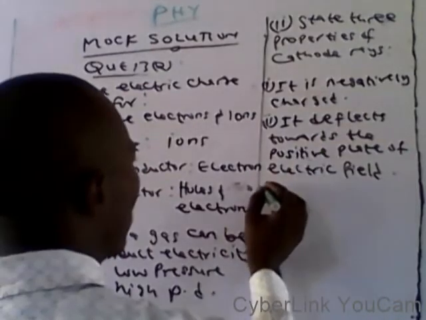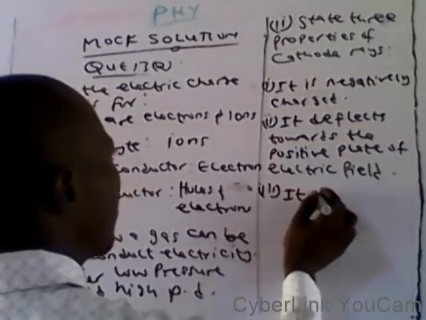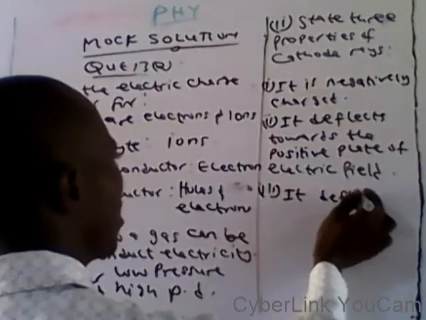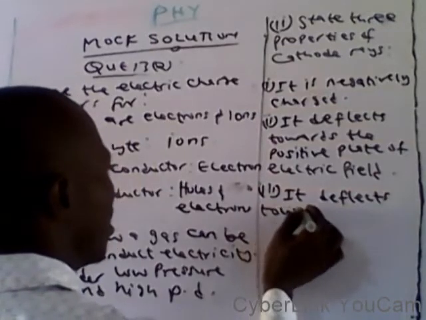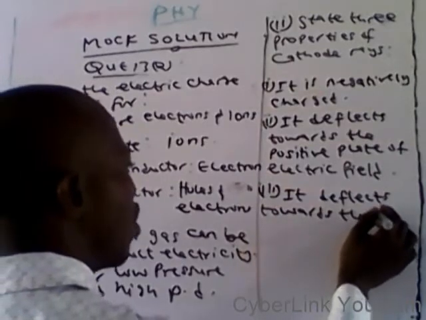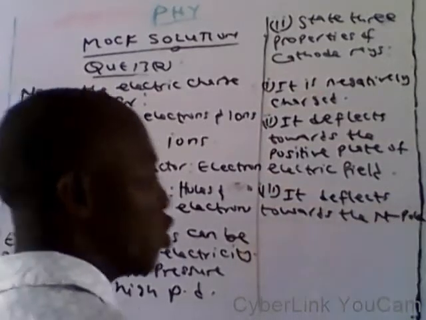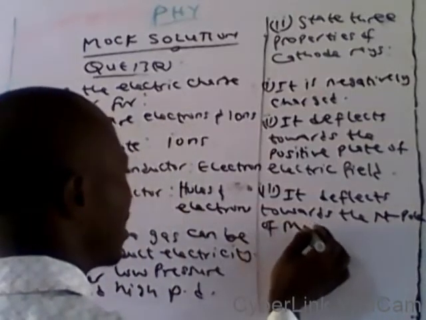Another property is that it can also deflect towards the north pole of a magnetic field.